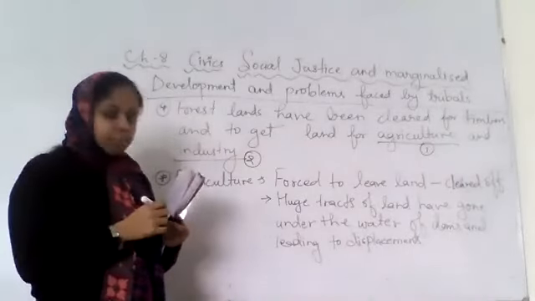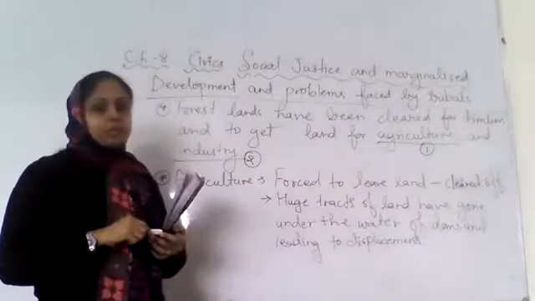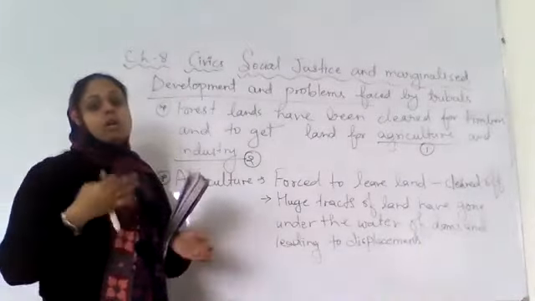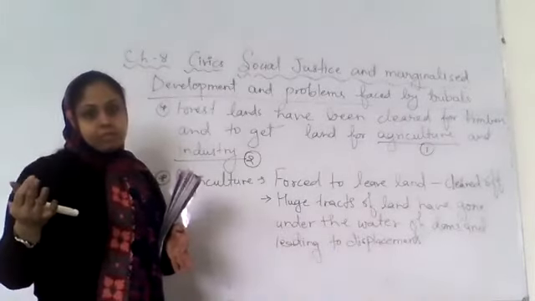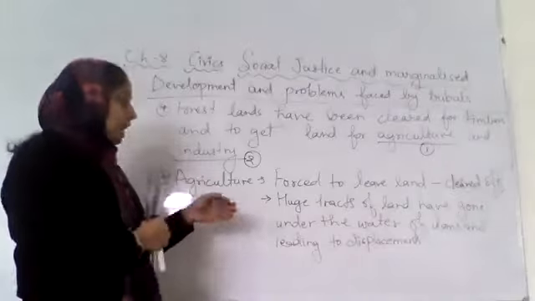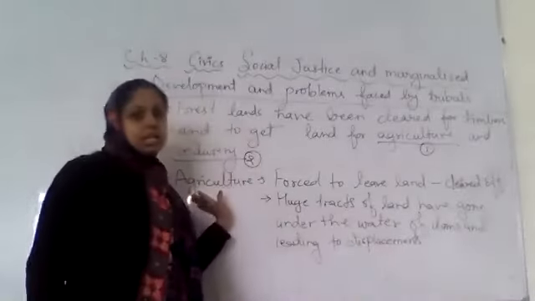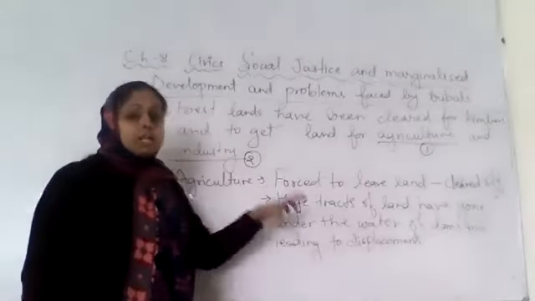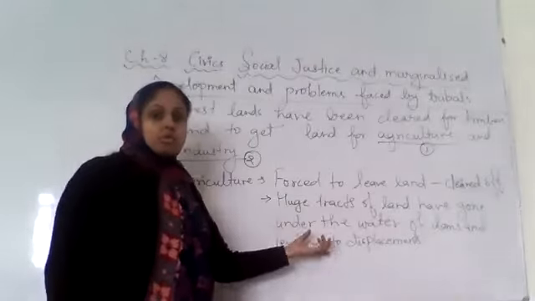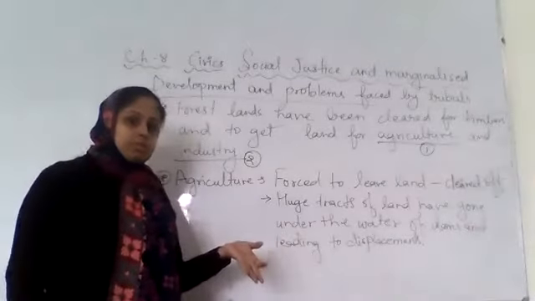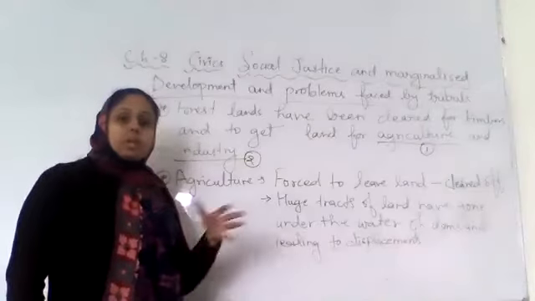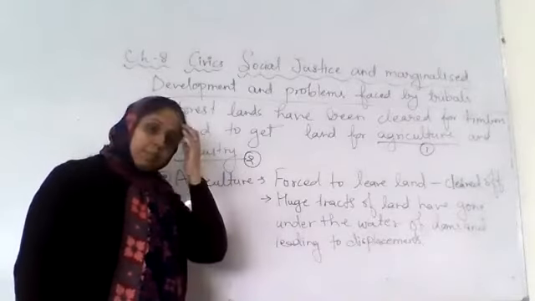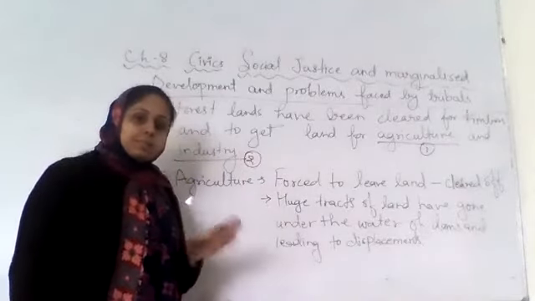Because the dam is also built for agricultural purposes, for irrigation, for electricity, right? That is why the dam has been mentioned under agriculture. Understood? Why would you think the dam is mentioned under agriculture? It is mentioned because basically the dam was built for irrigation. And like that, much of the land just went into the dam area, and the people were forced to leave the place. Understood?